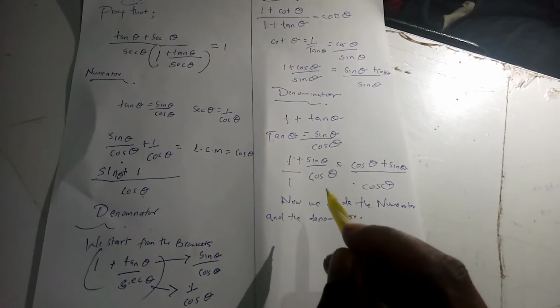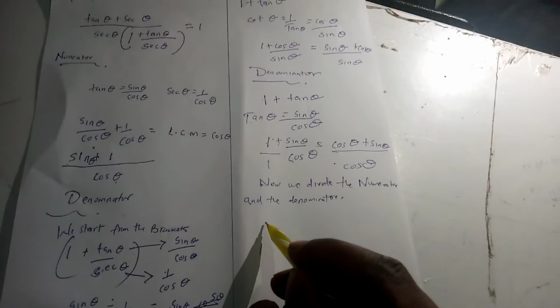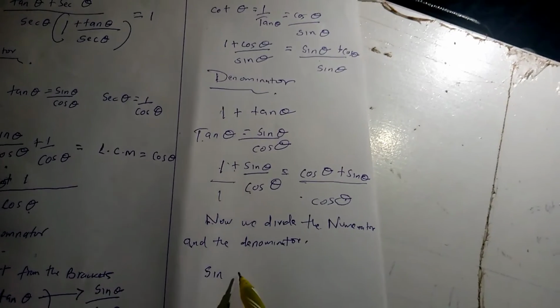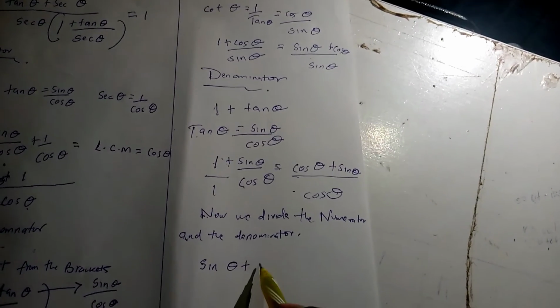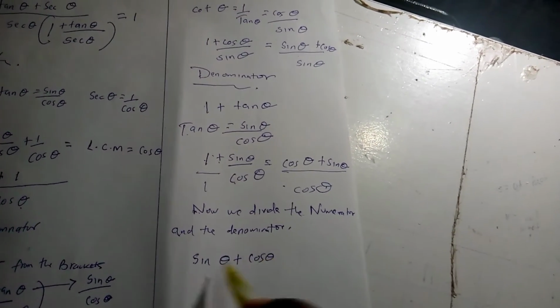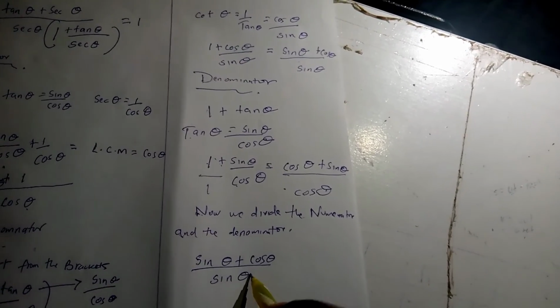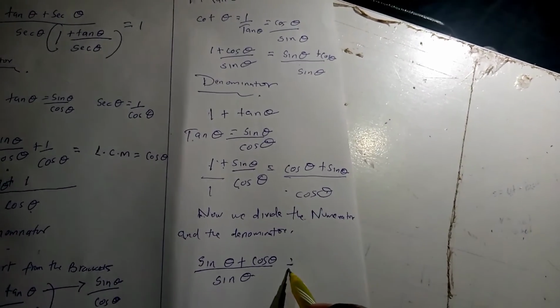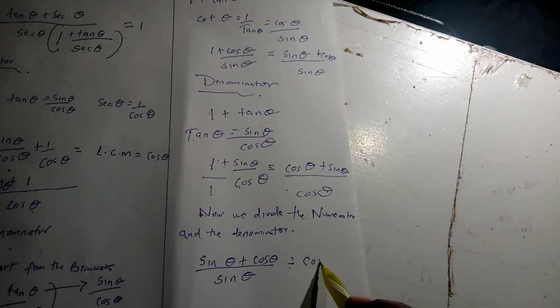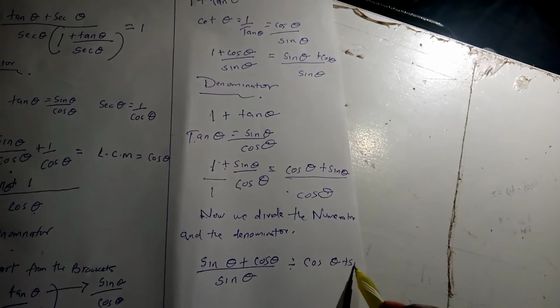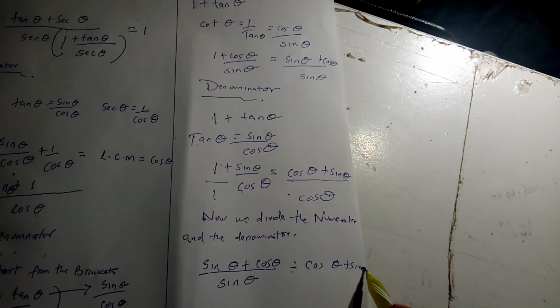So our numerator was sin theta plus cos theta over sin theta, divided by cos theta plus sin theta over cos theta.